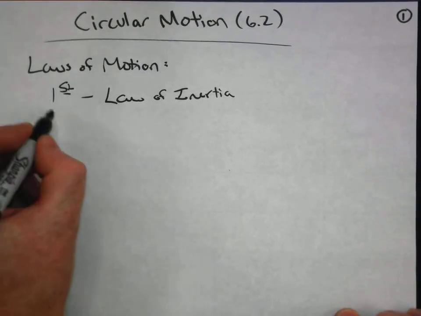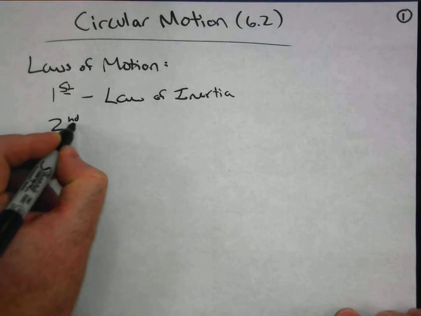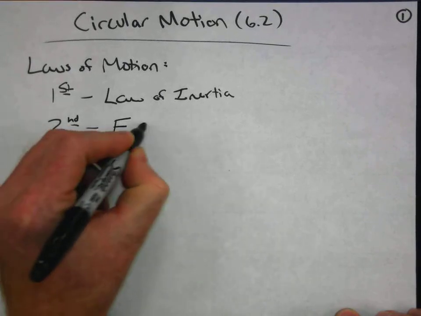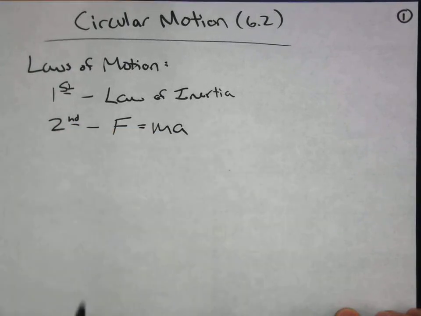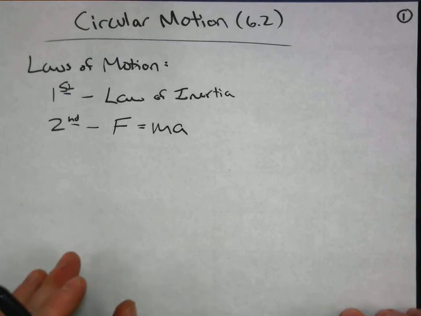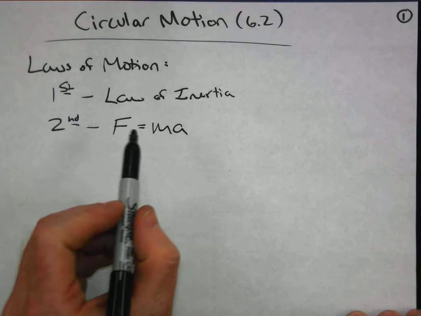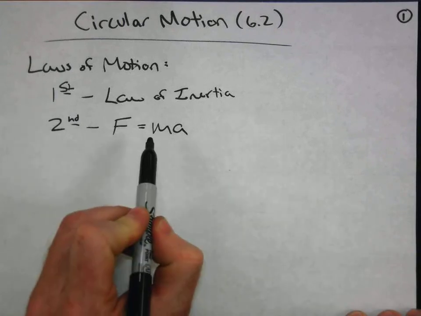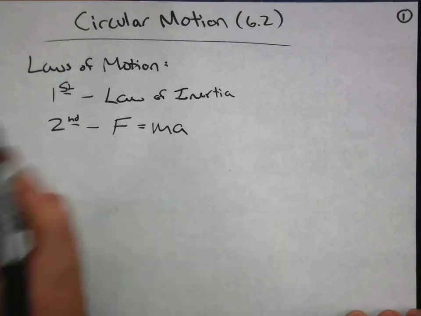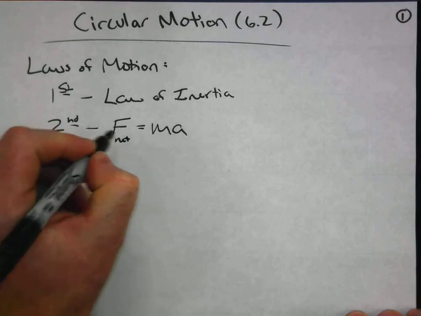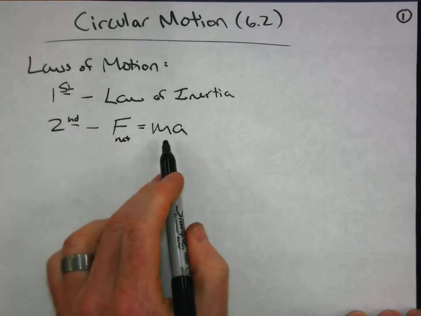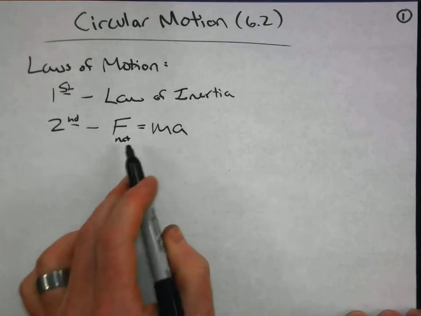The second law, in a nutshell, is really an equation, just F equals ma, one of the most famous equations there are. With the second law of motion, if there is an unbalanced force, so really we can write net force, acting on some object that has mass, then that unbalanced force produces an acceleration.